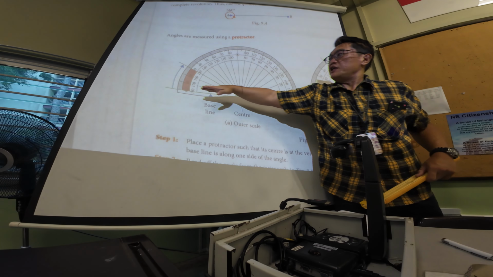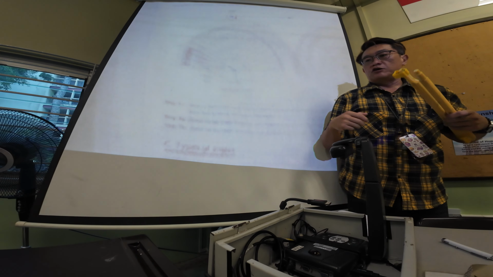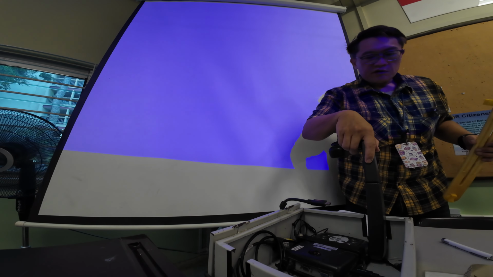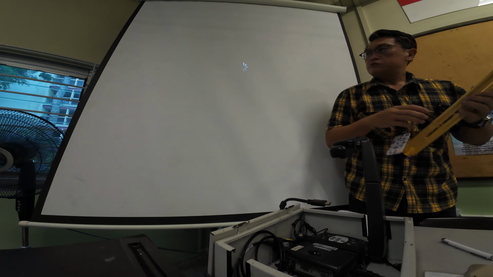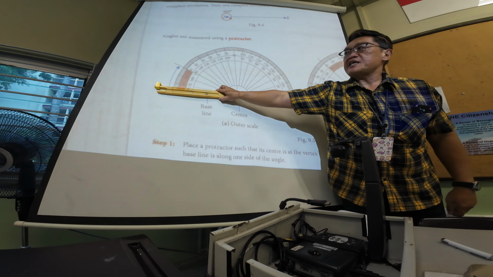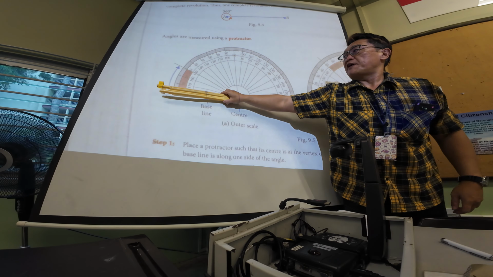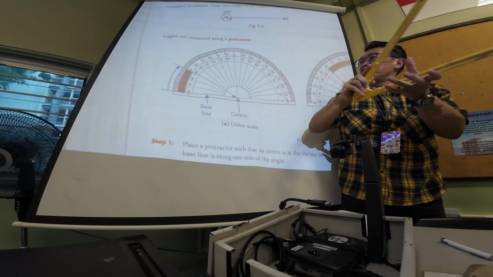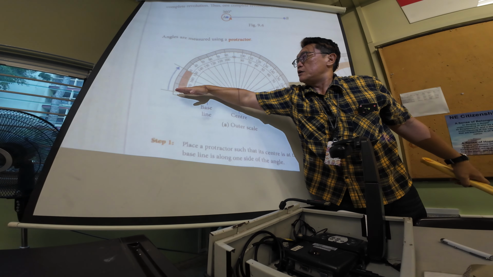So if I'm measuring this angle, I must know this side like that is 0. So if I'm measuring this angle, I need to start reading with the scale that starts from 0 here.